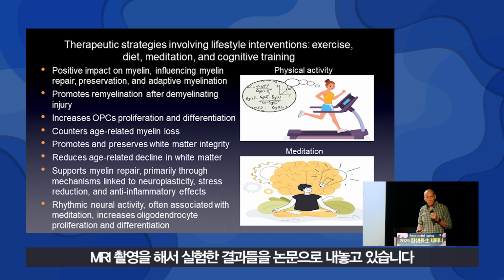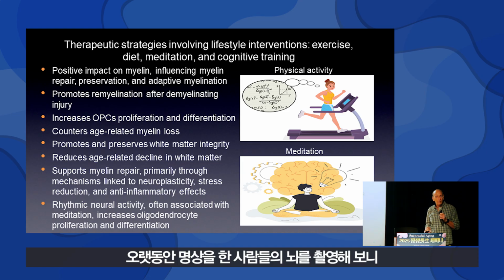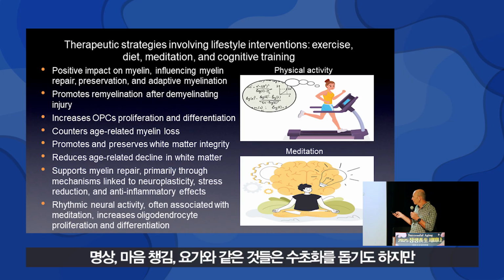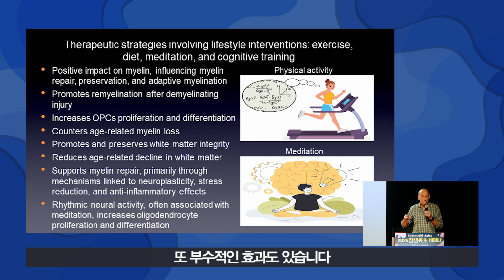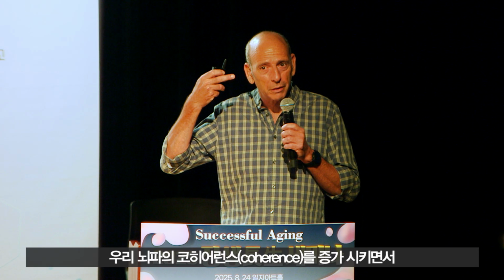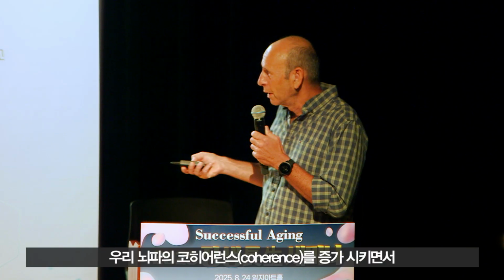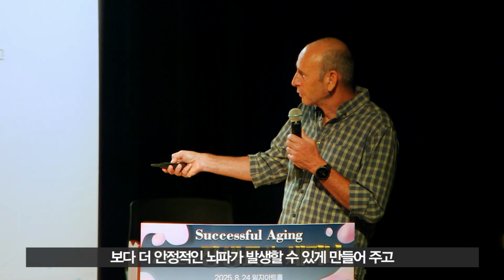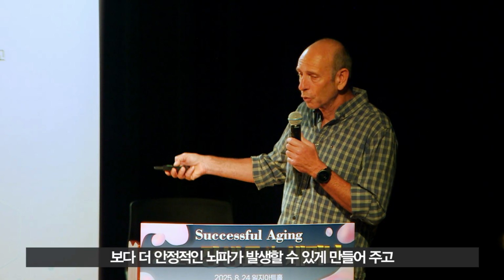Already after several weeks of meditation, you see changes in white matter that indicate something positive is going on. Meditation, mindfulness, and yoga all have another effect because they affect the frequency of the brain's working and its activity, the so-called rhythmical neuronal activity.